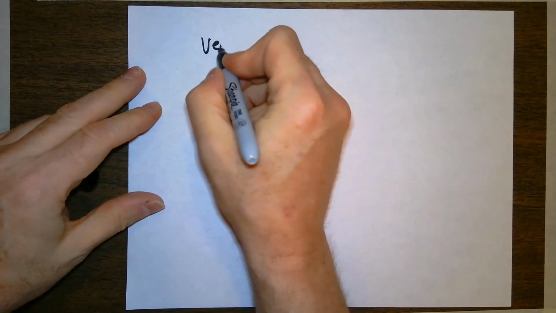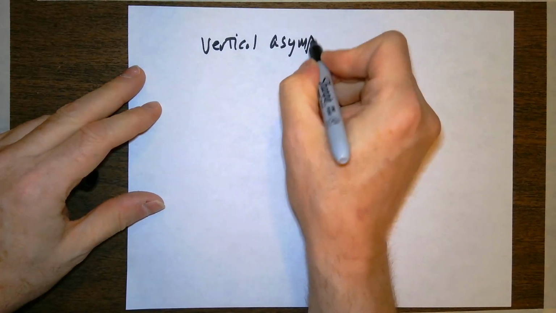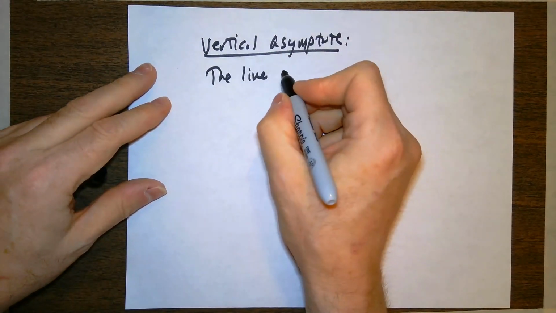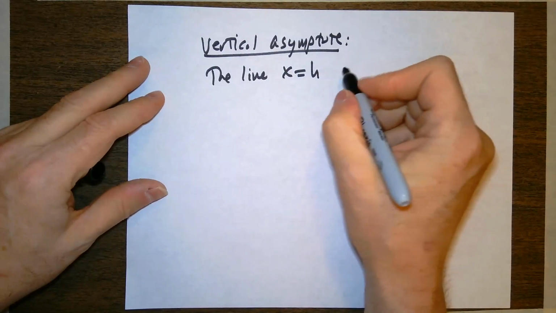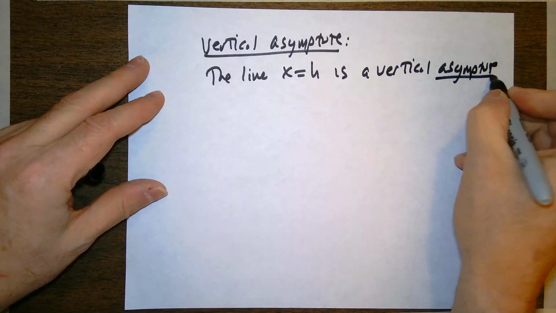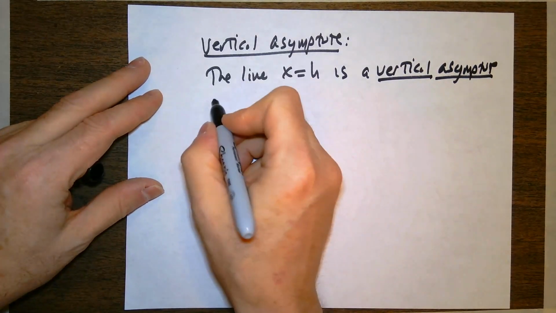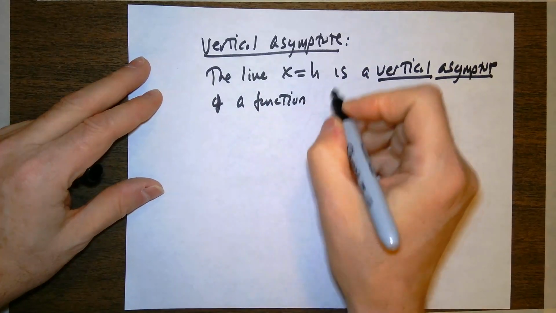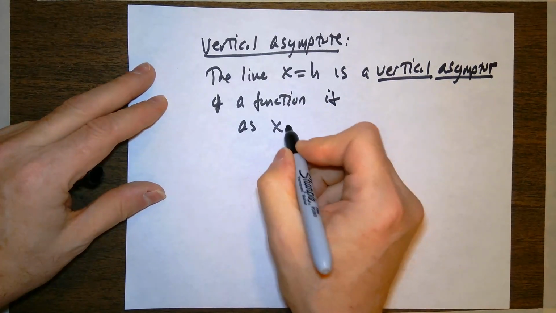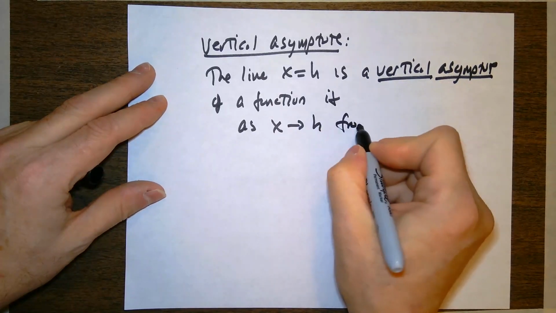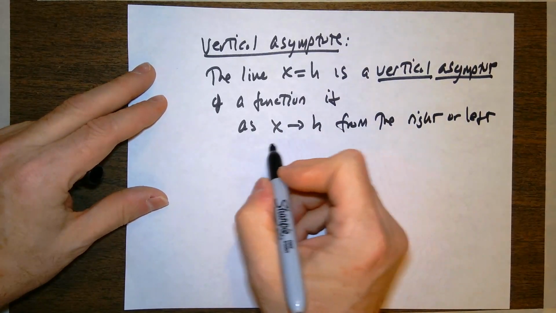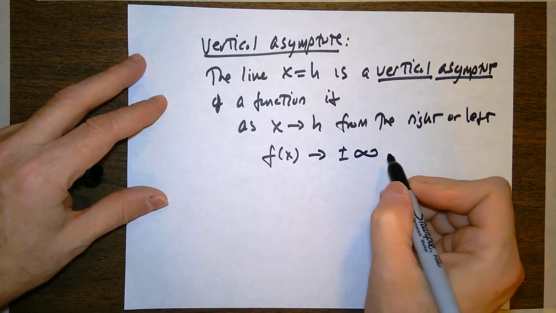All right, so vertical asymptote. The vertical line x equals h, where h is just some constant, is a vertical asymptote of a function if, as x approaches h from the right or the left, f of x approaches positive or negative infinity.